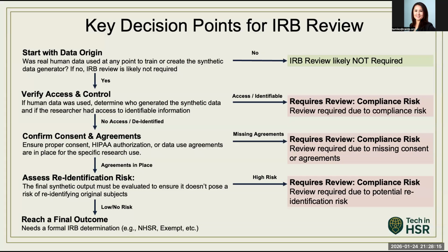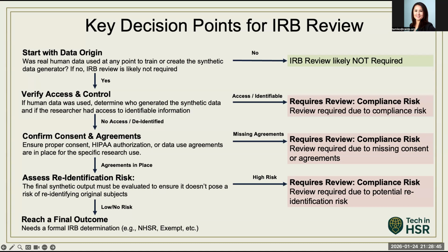Very rarely is it a no, but just for the sake of this example, if it was a no, then we would want to document how it was coded with no re-identification key accessible to the team that actually generated that data with real data in the first place. Again, very unlikely, but if so, just document it. Usually it's a yes, which means that we'll go further into our review and document that.